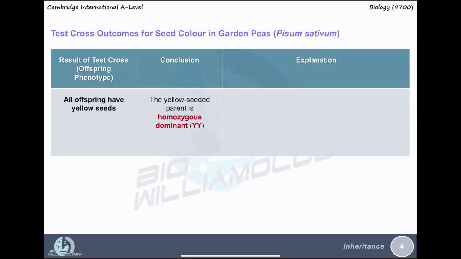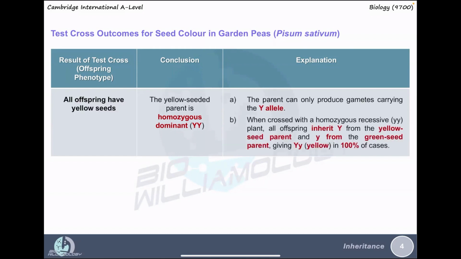Therefore, the yellow-seeded parent must be homozygous dominant, because the parent can only produce gametes carrying dominant allele Y. When crossed with a homozygous recessive plant, all offspring inherit dominant allele Y from the yellow-seeded parent and recessive allele y from the green-seeded parent, giving all heterozygous offspring, and in the heterozygous case dominant allele Y is expressed. Therefore, all offspring have yellow seed.